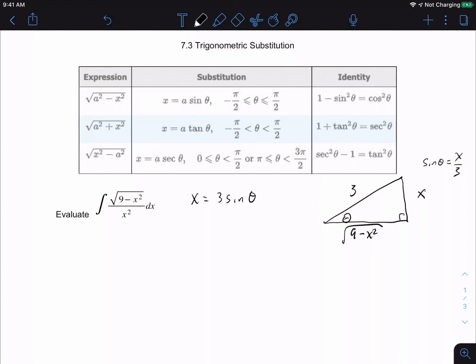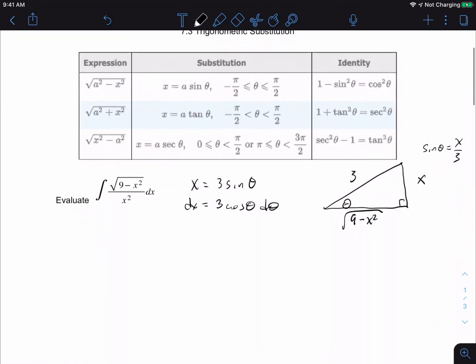Yes. Okay, cool. So then from here, I'm going to do some substitution, but before I do the substitution, I'm going to take the derivative of what I'm substituting for. So dx is 3 cosine theta d theta. Sorry, I had to move something.